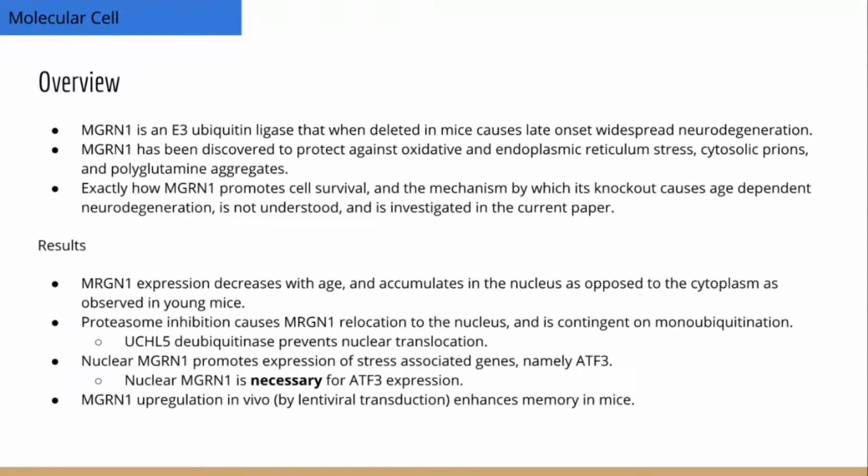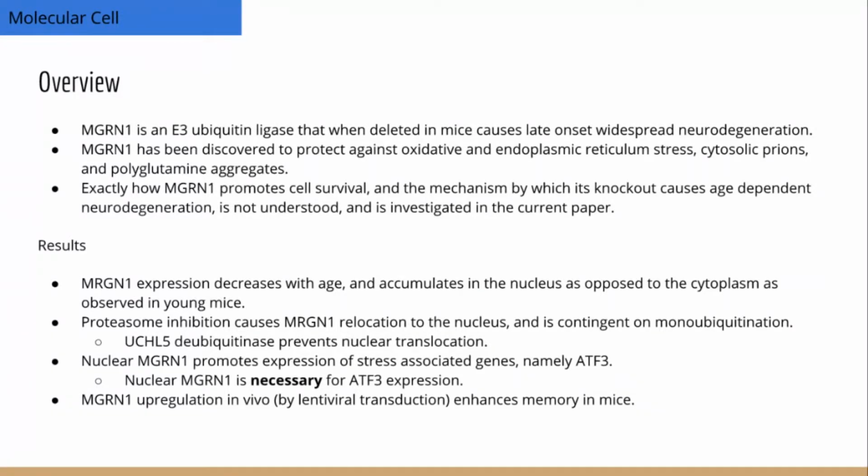Next, the researchers sought to characterize the activity of the internuclear MGRN1 that was observed almost exclusively in the aged mice. Using next-generation RNA sequencing and ChIP-seq sequencing, they found MGRN1 to be intricately involved in mounting the transcriptional response to proteasome dysfunction. Among the many genes upregulated by MGRN1 was ATF3, a stress-induced transcription factor that upregulates pro-survival genes to counter the proteasomal stress.